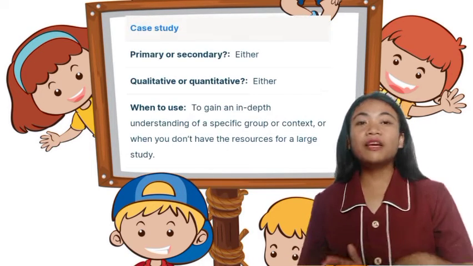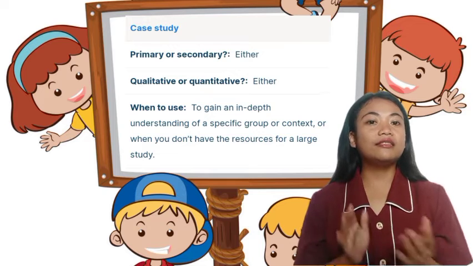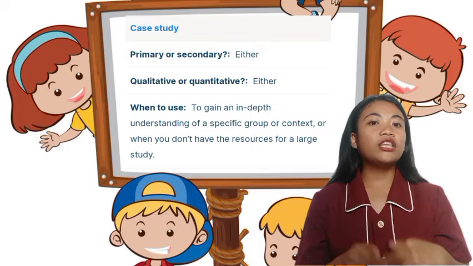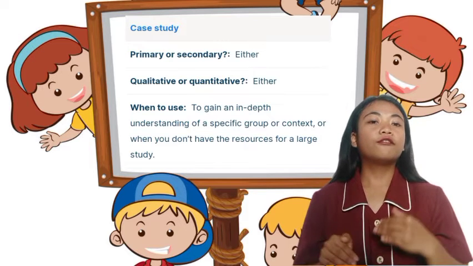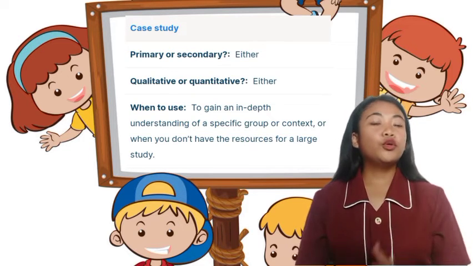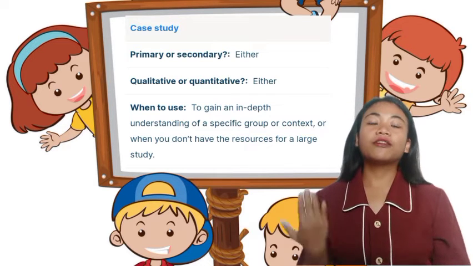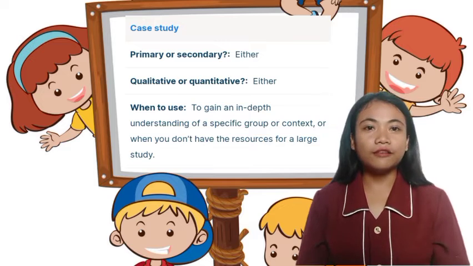When you are performing a case study to gain an in-depth understanding of a specific group or context, or when you don't have the resources for a large study, you will use either primary or secondary data, and either qualitative or quantitative.